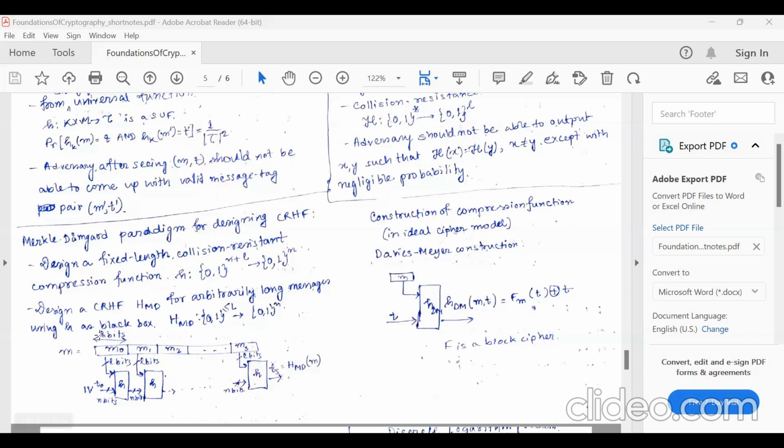One input comes from the message block, each of which is l bits, and the other input is an initialization vector denoted t0, which has n bits. Having such n plus l bits as input, this compression function h outputs n bits, and these n bits are fed as input to the next instantiation of the compression function h. Here again, another l bits of input come from the next block of the message, as shown in the figure.